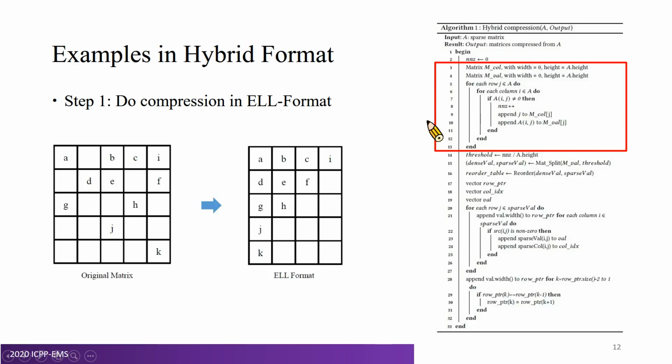The algorithm traverses the entire source matrix and finds out non-zero elements for each row. If a non-zero element is found, its column index and the value will be appended to the corresponding row of m_column and m_value. After this process, we can obtain the matrix in the ELL format.